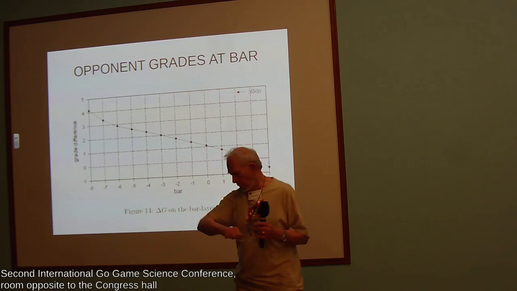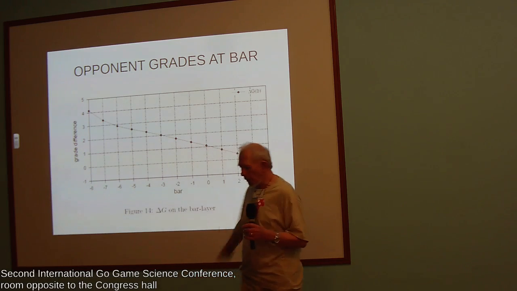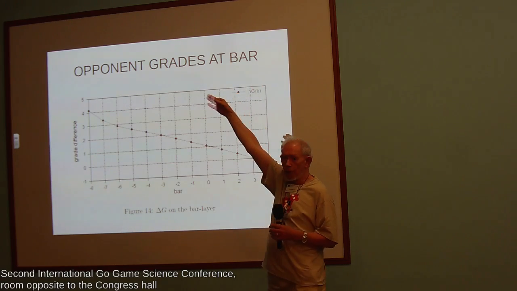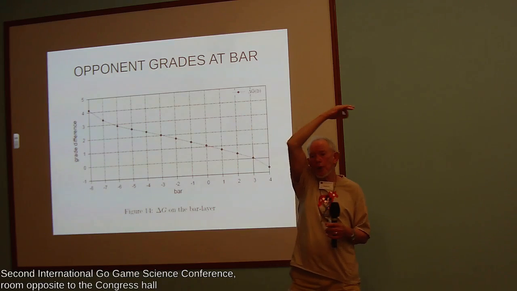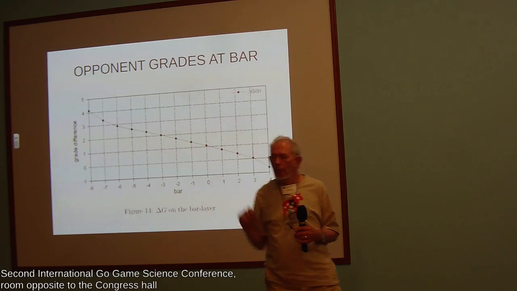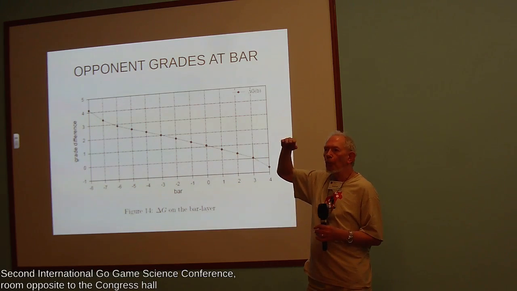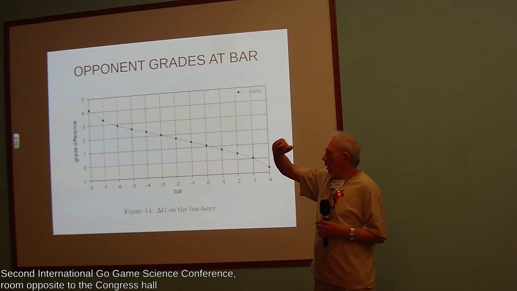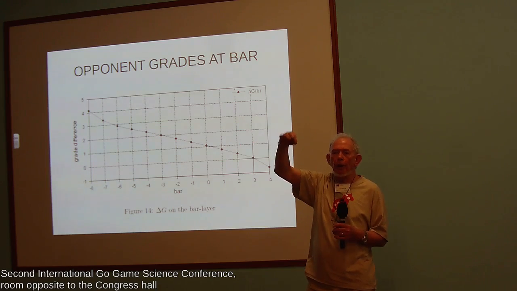Grade running along there, bar running along here, and the grade difference up there. And this surface turns out to have a ridge in it, a very sharp ridge, where the grade difference gets a peak. And that peak occurs when the grade equals the bar.